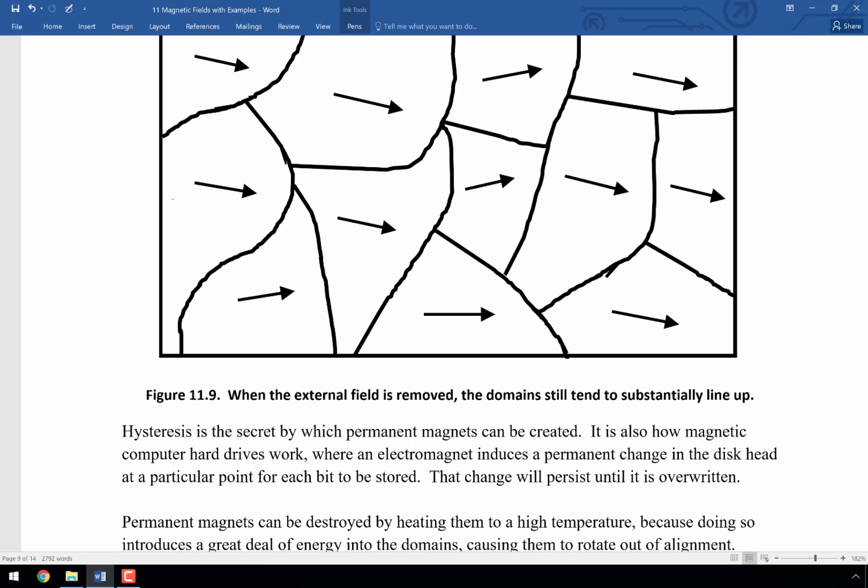And interestingly, this hysteresis is how hard drives work. If you wanted to know how does a magnetic hard drive work, you simply take a little electromagnet, a little coil of wire, and you apply a very strong magnetic field to a very tiny piece of the material, and it will permanently change that material to either be pointing north or to be pointing south. And it will stay that way until the next time that it's overwritten.